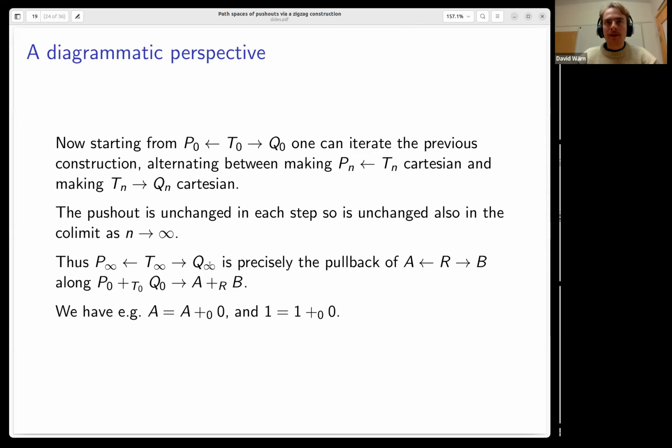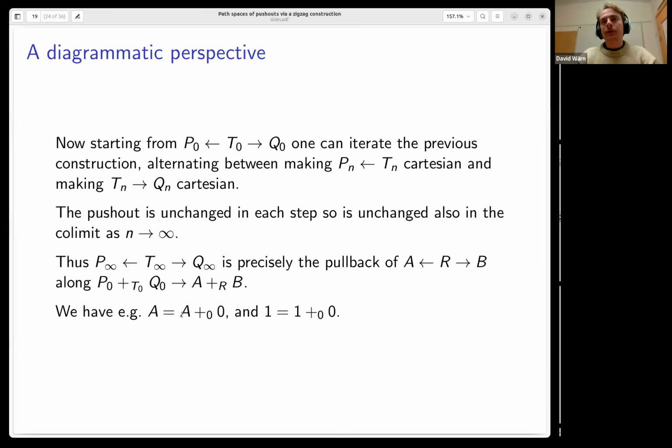And then we get the desired result that the sequential colimit is precisely the pullback of the span along the induced map of pushouts, where this one is the pushout which is unchanged throughout the process. So it's also the pushout of this final colimit span.